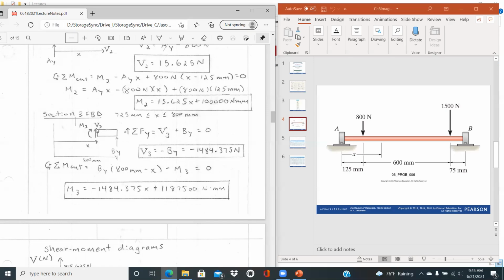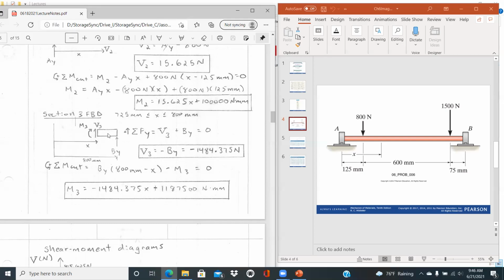We'd have a V3 positive up, M3 positive clockwise. And so to do this trick properly, you still have to reference that same datum at A. And so your X distance would be referenced from that same datum to where the cut is. But then we know the full distance from that datum to BY is 800 millimeters.